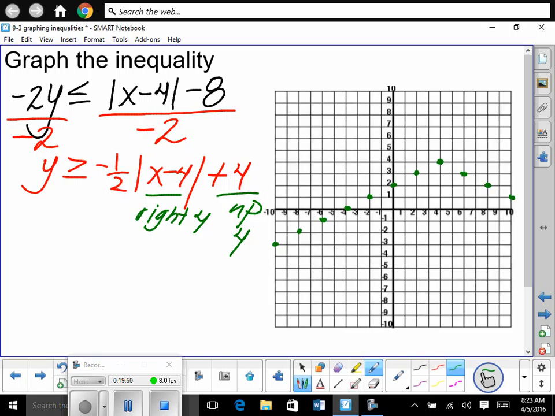Does it include the line? Yes. So we would draw in a solid line. And then it says y values greater than. Wouldn't that be above? So we would shade this.